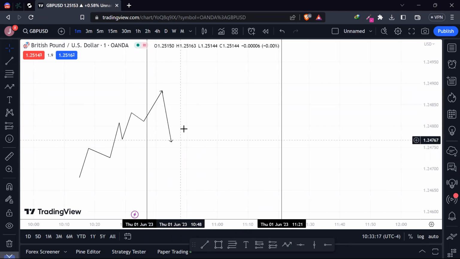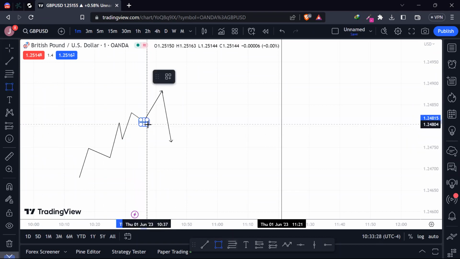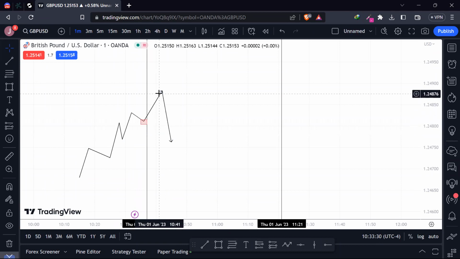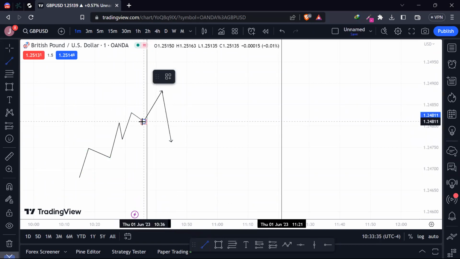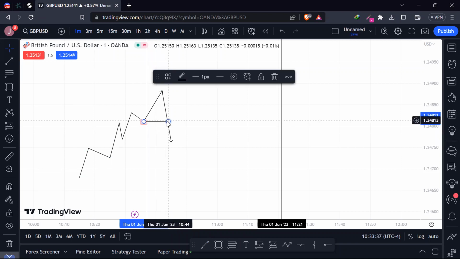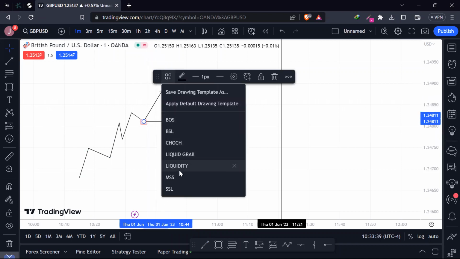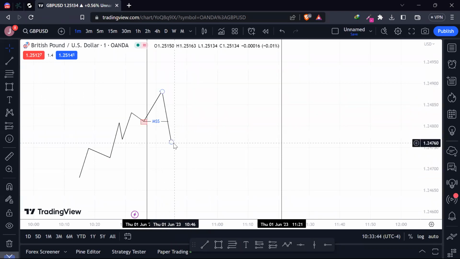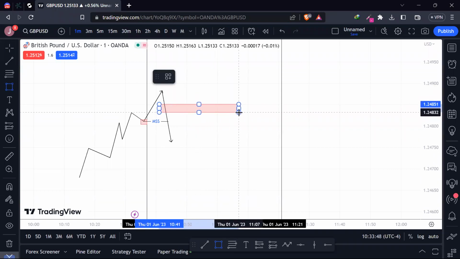This displacement that I showed you before is the market structure shift. It breaks the swing low right here. This is the swing low. It breaks the swing low and creates a market structure shift. And there will be a fair value gap right here.